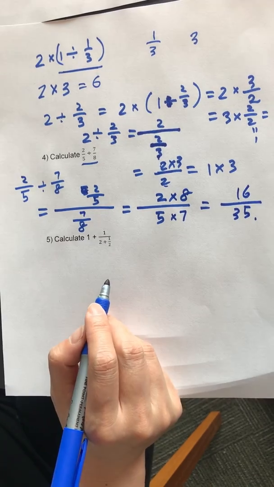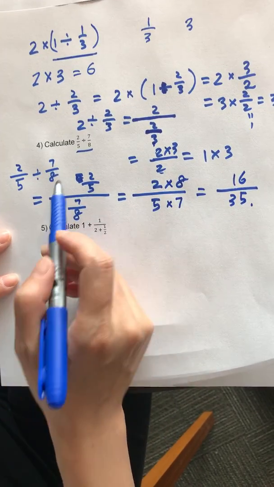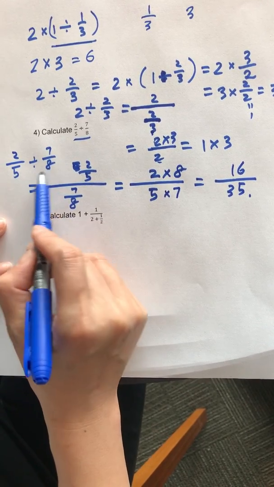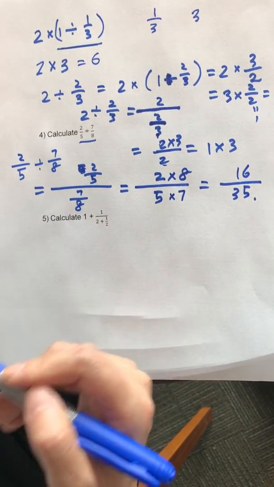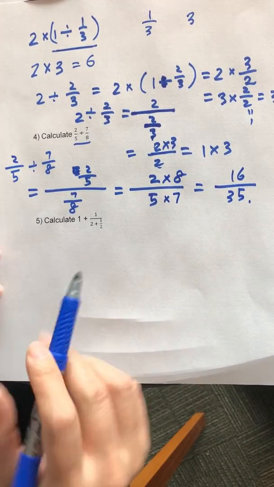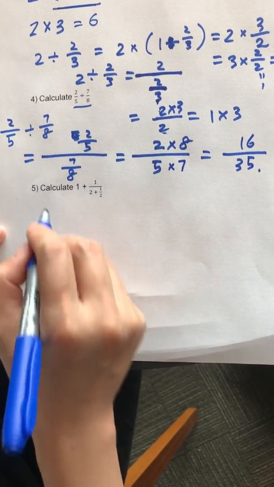So the final answer is this. Students can practice 1 divided by 7/8, the reciprocal of this, and you reverse that to multiply into this. That will also work.